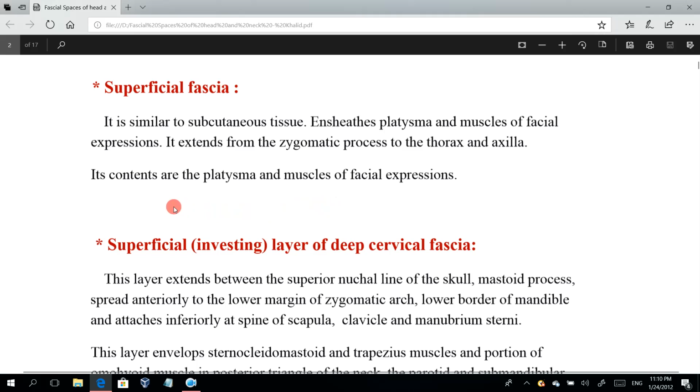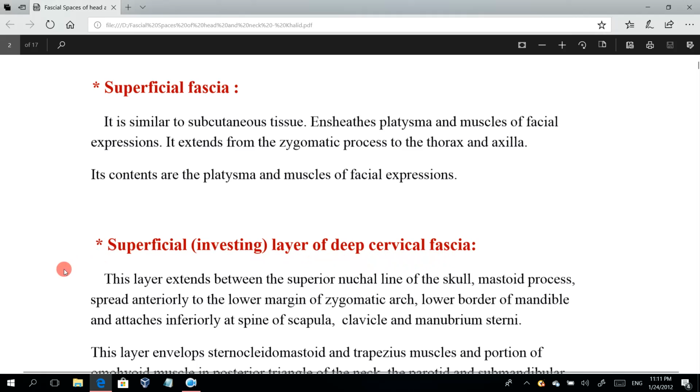The second layer of the fascia is the deep cervical fascia. The deep cervical fascia includes 4 parts. The first part is superficial, which is called also investing layer of deep cervical fascia.